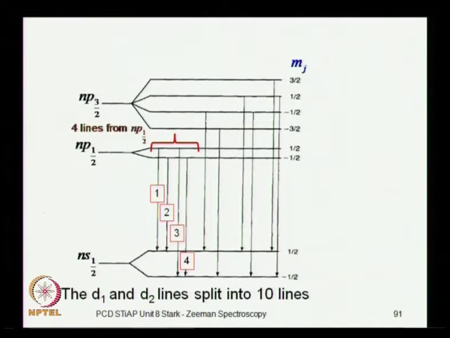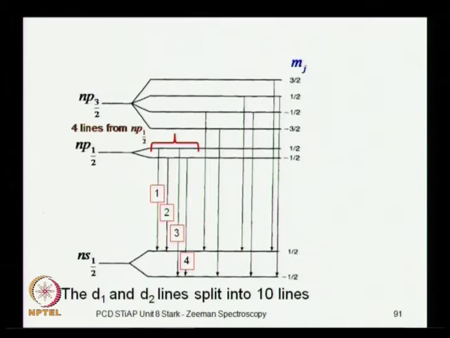So there are 4 lines coming in from NP 1/2, and we are sketching those lines which correspond to the dipole selection rules, okay. So the lines which are possible under the dipole selection rules, there are 4 lines which come from the NP 1/2, but NP 1/2 is no longer a single level, there are 2 of these.